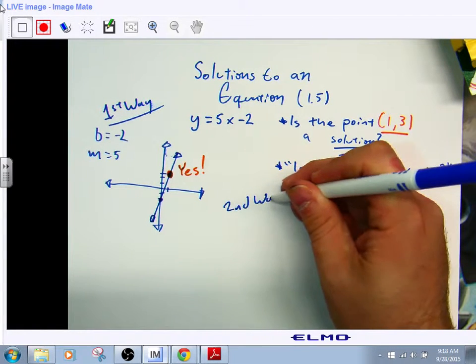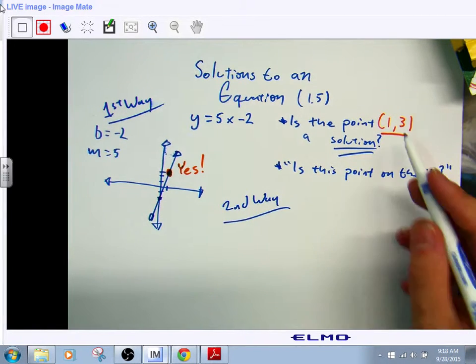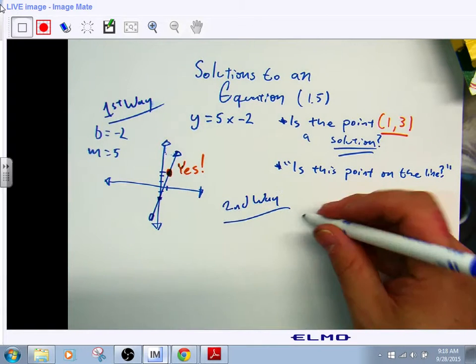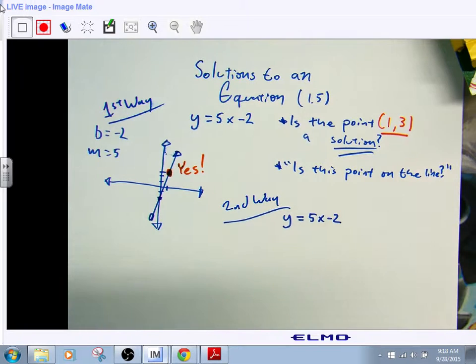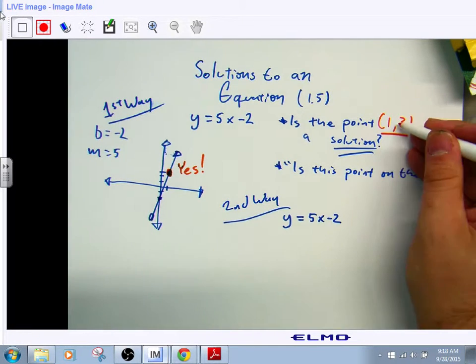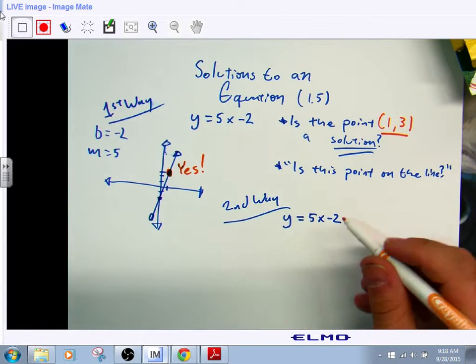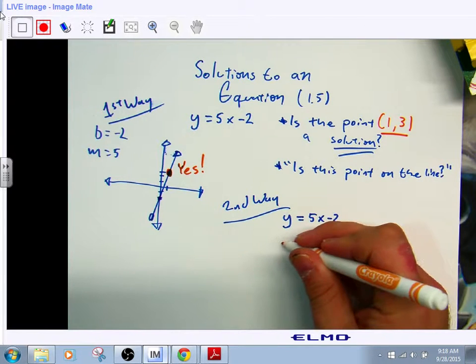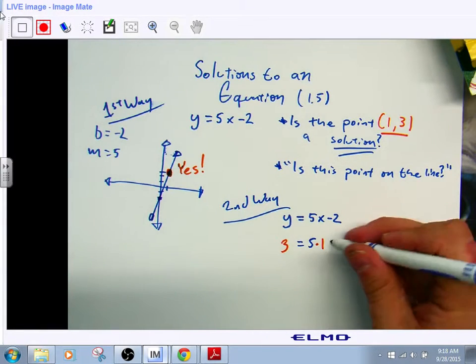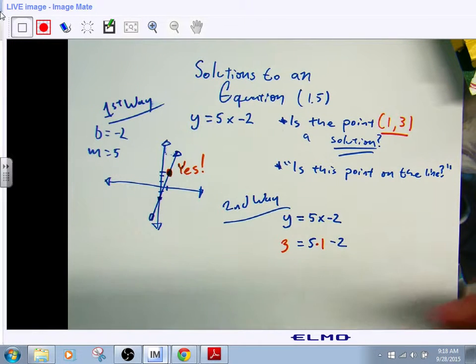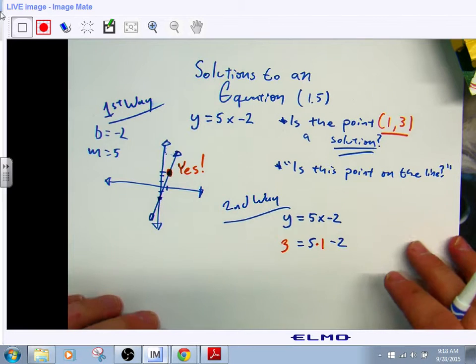Second way. In this case, we're just going to substitute 1 and 3 into our original equation. So if our original equation is y equals 5x minus 2, I'm going to plug these values into this equation so that my y is 3, and that's going to equal 5 times my x, which is 1, and then I'm going to subtract 2. And if I get this equation to equal itself, then I know it works.